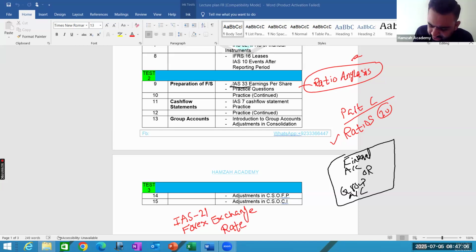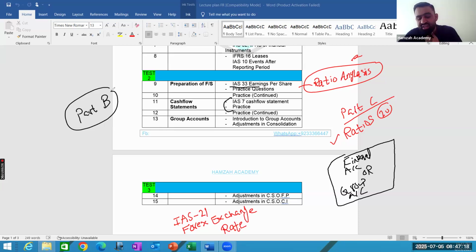IAS 33 and cash flow: these topics, if they are tested, will be tested in Part B, in the form of OT case studies, IAS 33 and IAS 7 cash flow statement.